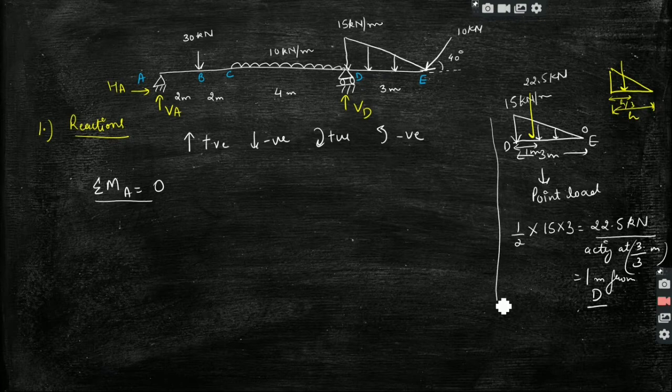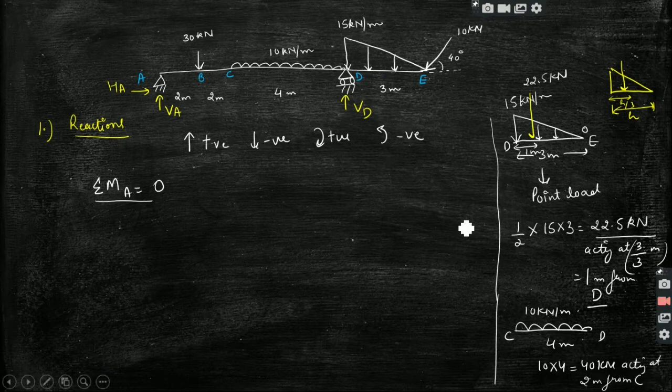So we will be using this. Similarly, you can convert the UDL also. The UDL is 10 kilonewton per meter acting on the CD portion up to a length of 4 meters. So this will be 10 into 4, 40 kilonewton, acting at the center of CD, which means at 2 meters from C, right?